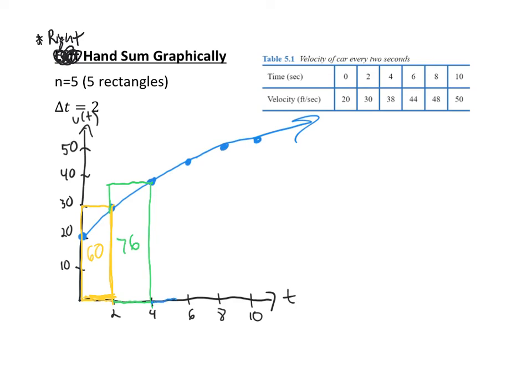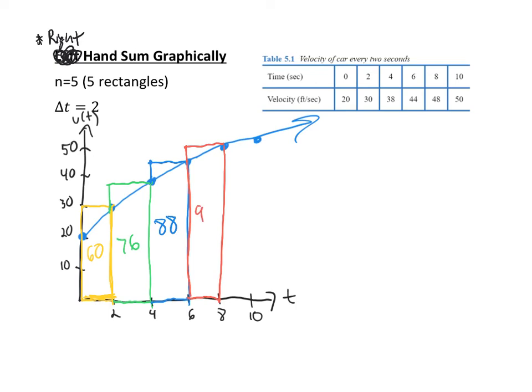Continuing on from 4 to 6, we guessed the speed of 44, which again gives you a rectangle above. From 6 to 8, we guessed the speed of 48. And if you look, again, we get a rectangle that's above the curve.